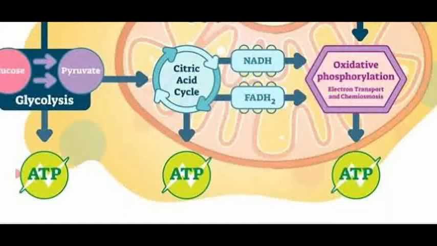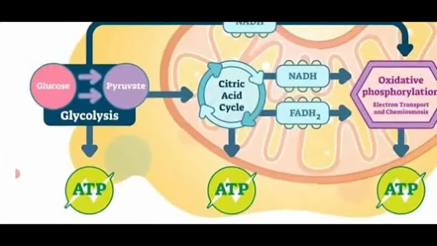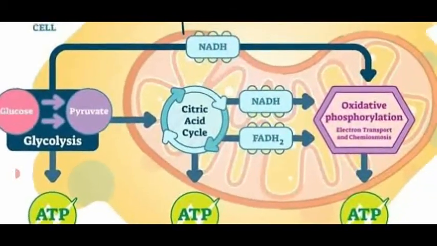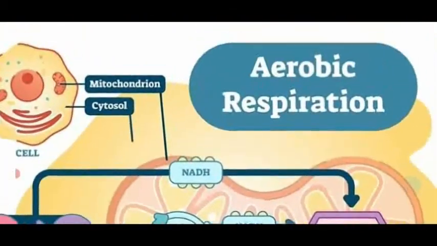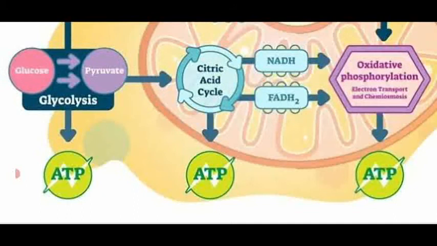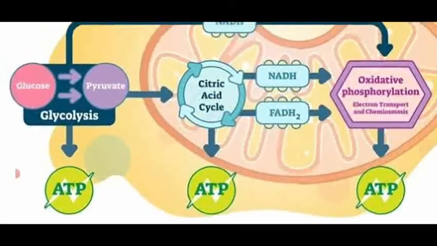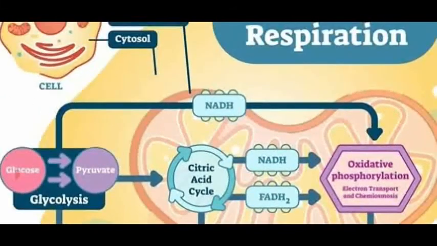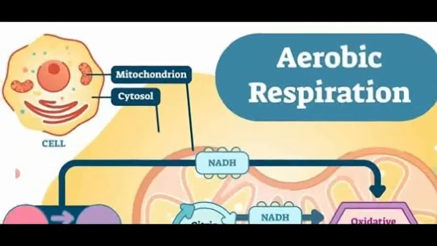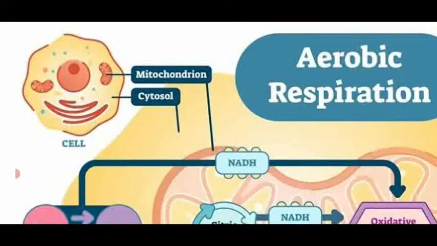So the overall reaction of aerobic respiration is given in the form of diagrammatic representation. The final product is formation of ATP. Glycolysis also produces ATP, Krebs cycle produces ATP, oxidative phosphorylation and electron transport chain also produce ATP. So that's why the mitochondria is named the powerhouse of the cell.